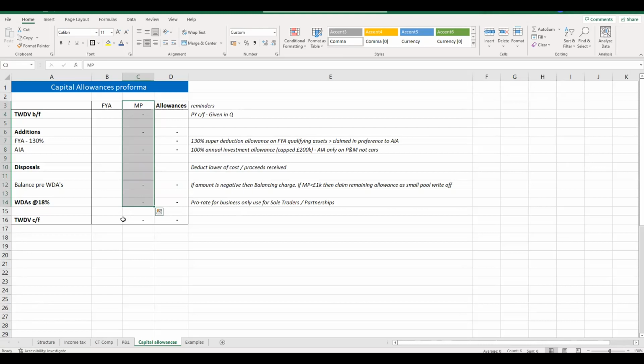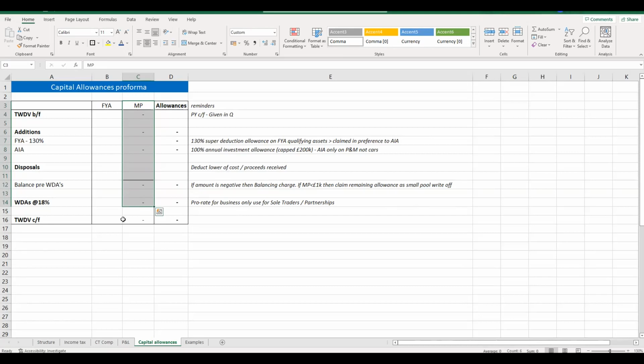The company has incurred the cost in full to remunerate their employees. So the company still gets the full deduction for capital allowances because the company itself hasn't used that asset in a private capacity. Now, that's probably one key difference between individuals' capital allowances and corporation tax.